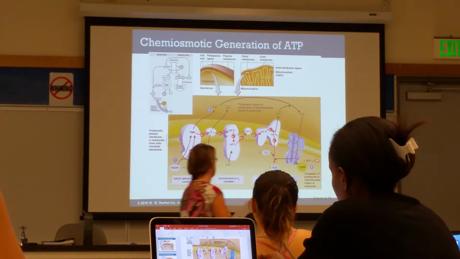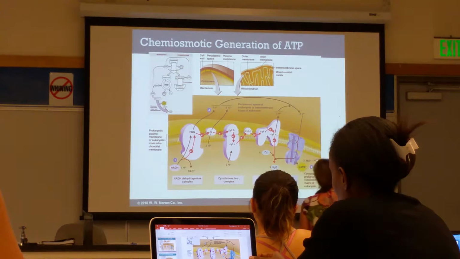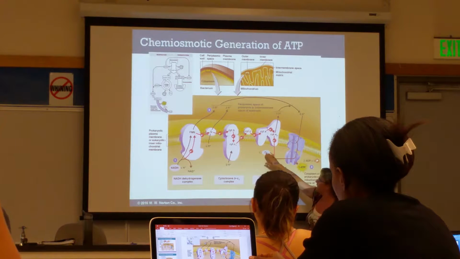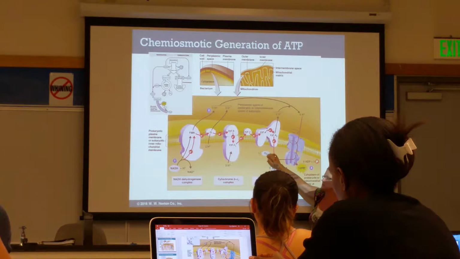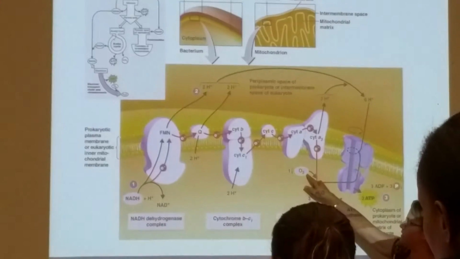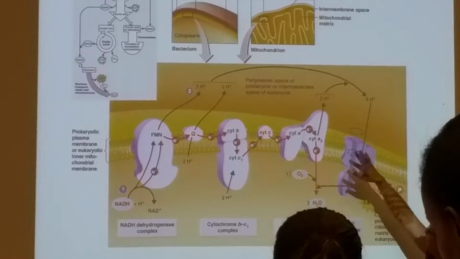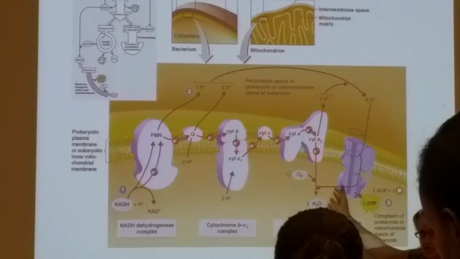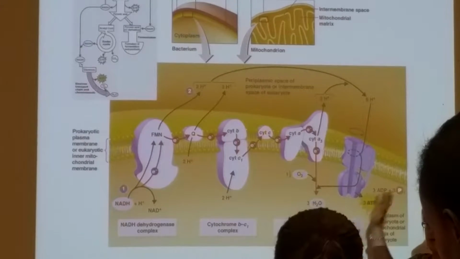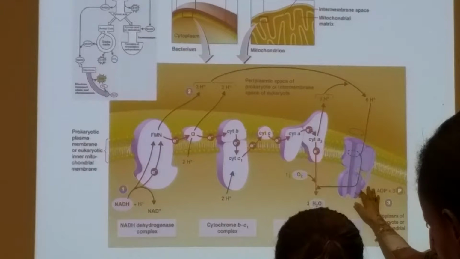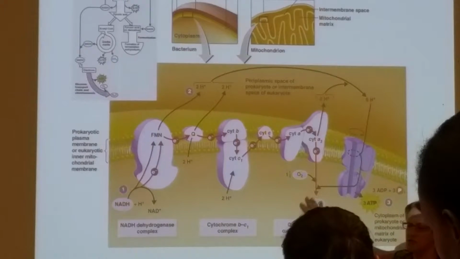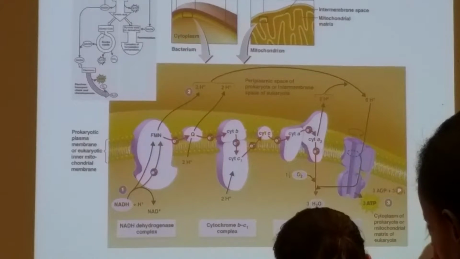So, out of the last complex is where the oxygen meets with the H and creates H2O? Right, so oxygen is the final electron acceptor right here. It's receiving those electrons from that last complex, and also, as the protons are allowed to pass through the ATP synthase, powering that phosphorylation of ADP, the protons combine with oxygen and that makes water.